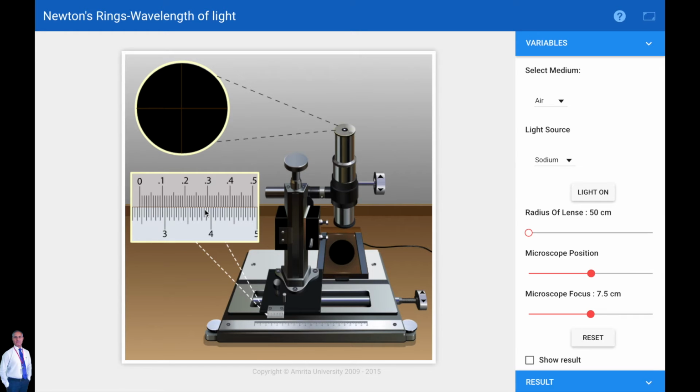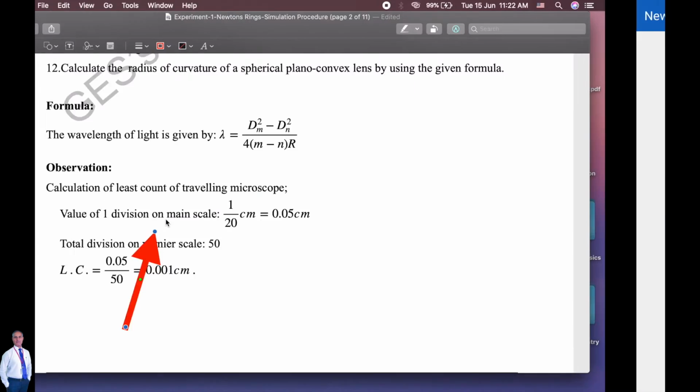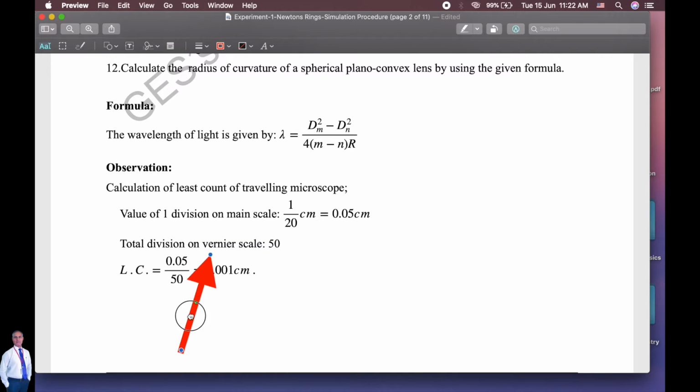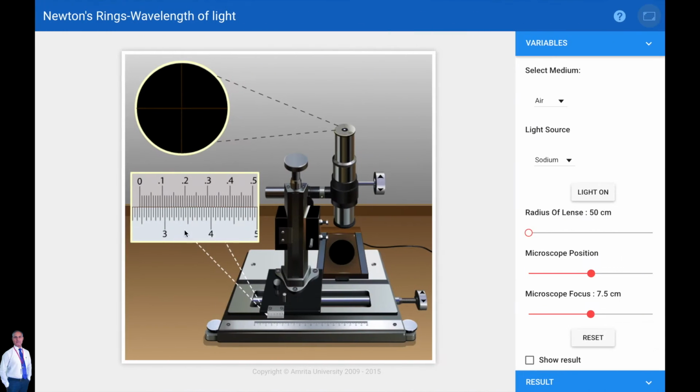We have to find out first of all the smallest division on the main scale. As you can see here, between 3 and 4 there are 10 main lines, and in between there are again small lines. So what is the value of one smallest line? I have already calculated it. For the value of one division on main scale, there are 20 lines between 3 and 4.